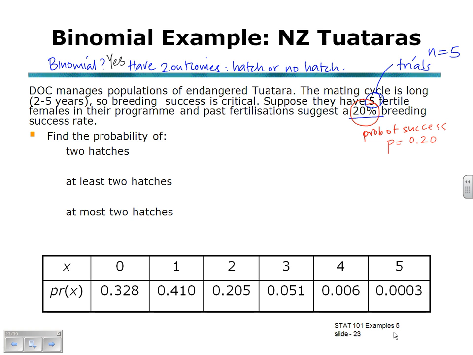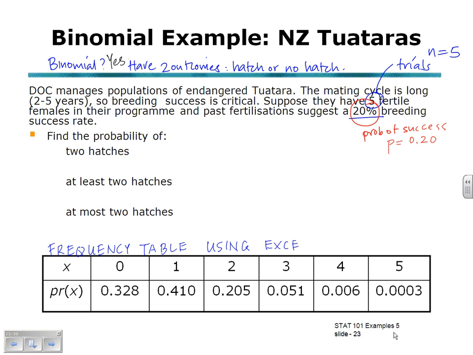At the bottom of the slide, we've constructed a frequency table using Excel to obtain the probabilities. You may wish to check these probabilities using the BINOMDIST function in Excel.